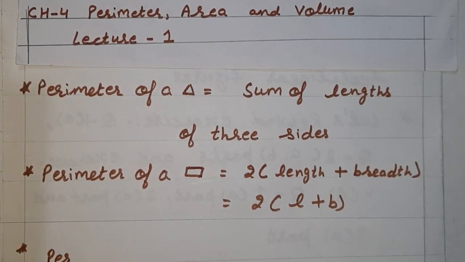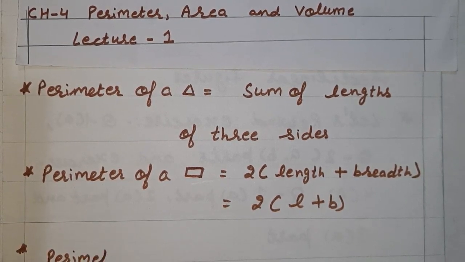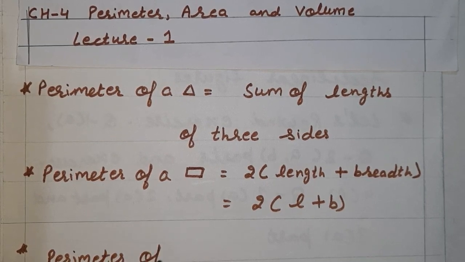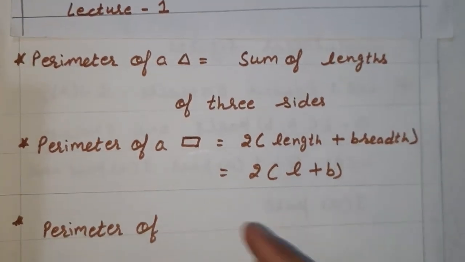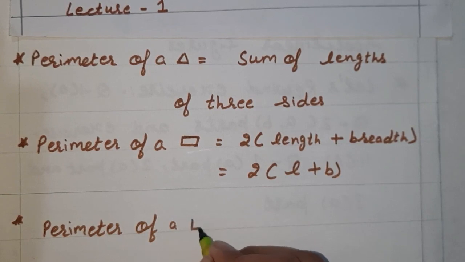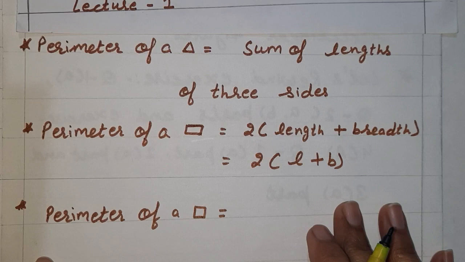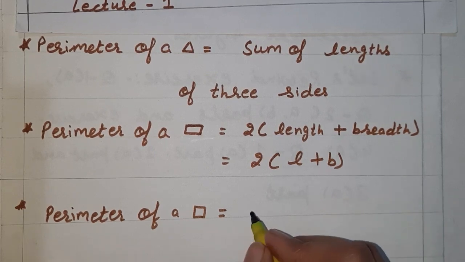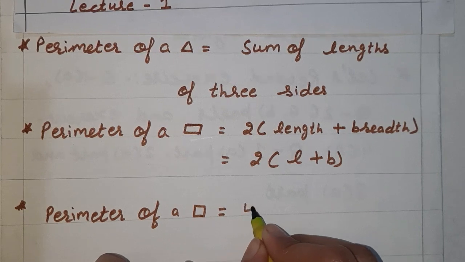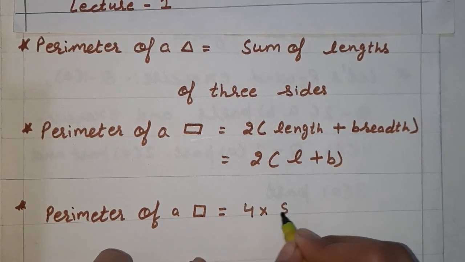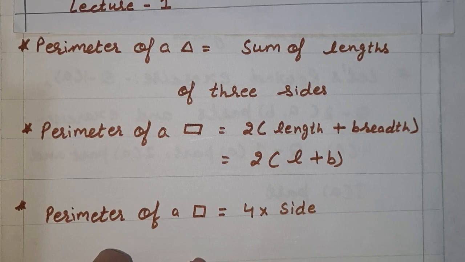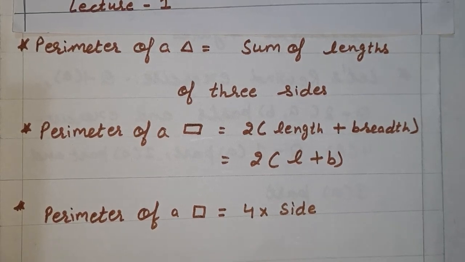And perimeter of a square is equal to 4 multiply side. Got it?